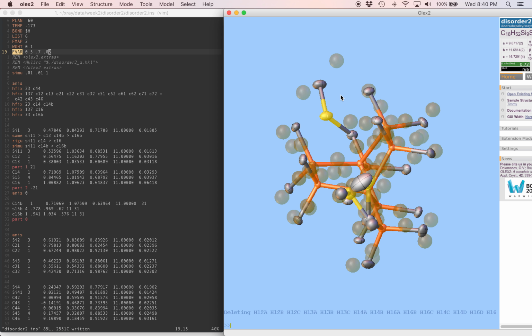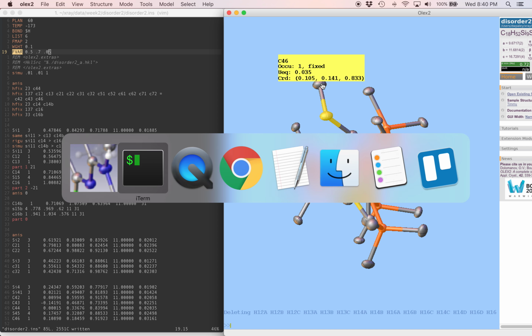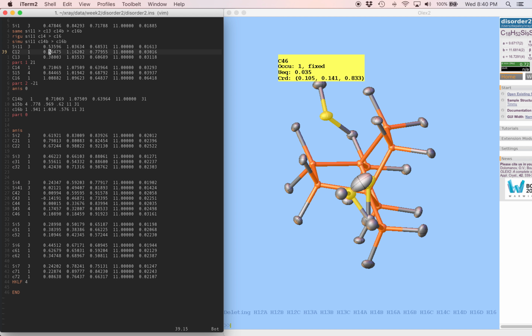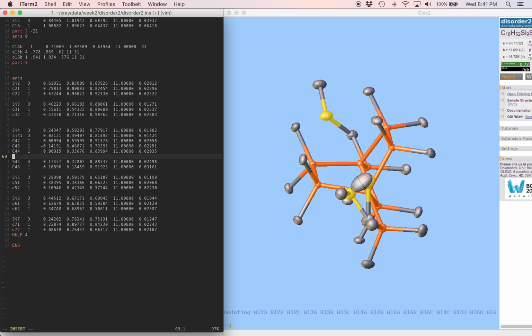And instead of saving this model, we're just going to take these coordinates and use them as the second positions of sulfur 45 and carbon 46. So I'm going to come down here. I see no reason to worry about carbon 44 for now. We'll see how it turns out after we refine this. But right now, it's just S45 and C46 that are disordered in part 1.